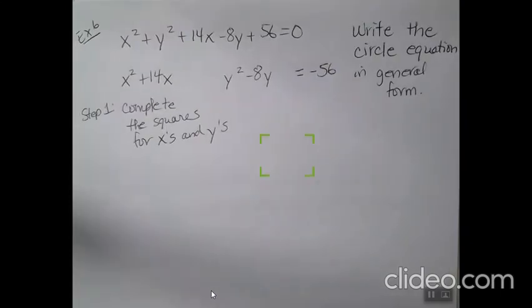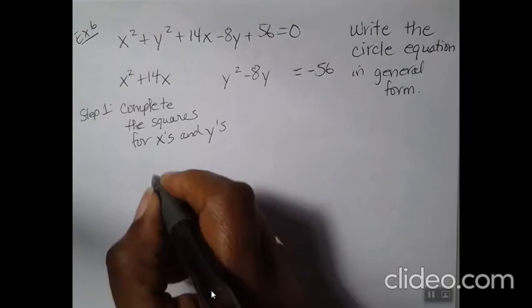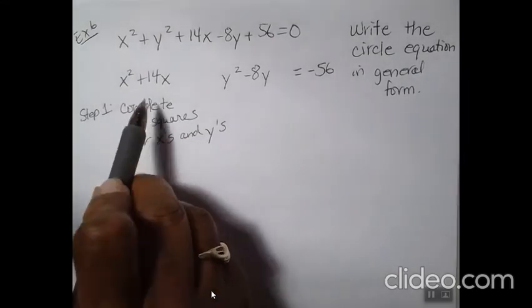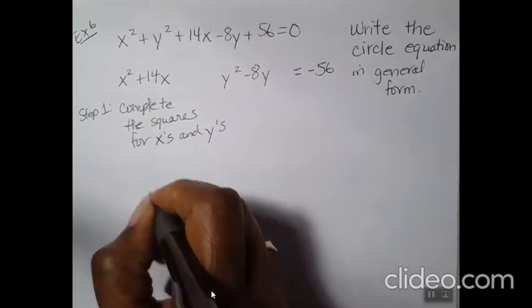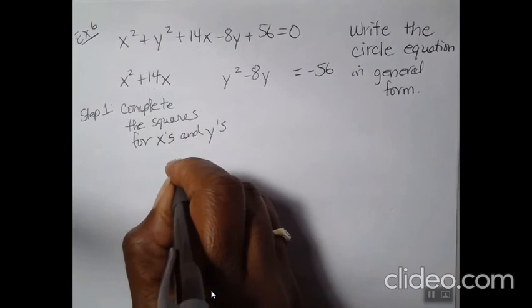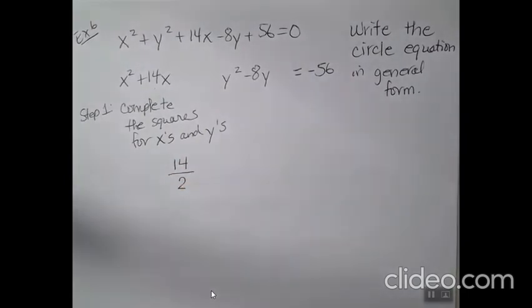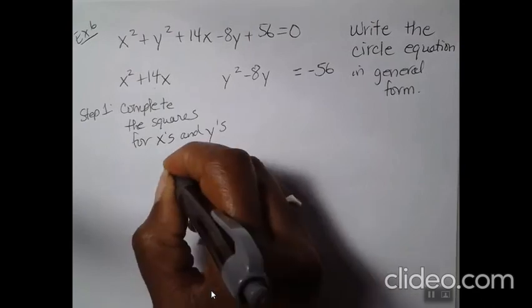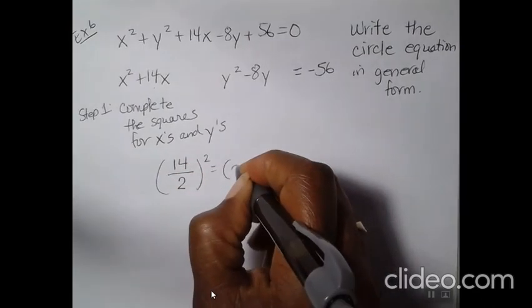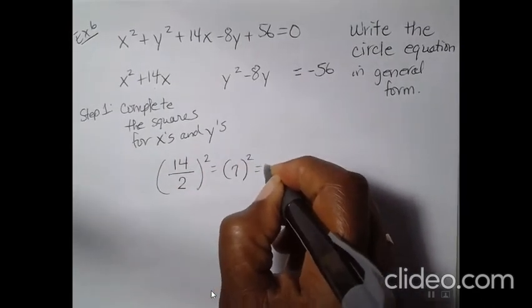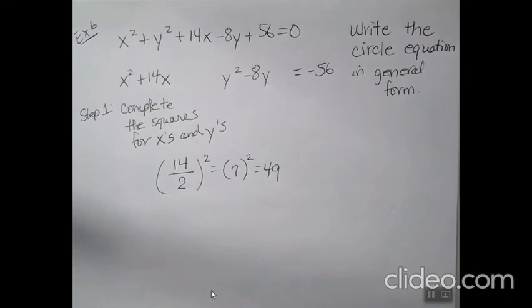Okay, so we need to take the 14, the b term here, to complete the square for this side. We need to take 14, divide that by 2, and then square it. 14 divided by 2 squared equals 7 squared, which is 49. That's for the x.